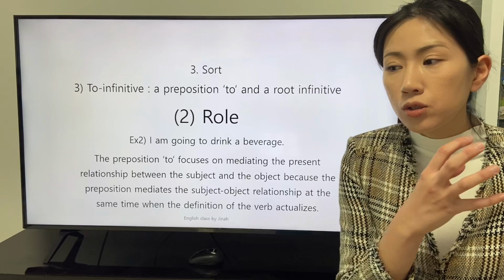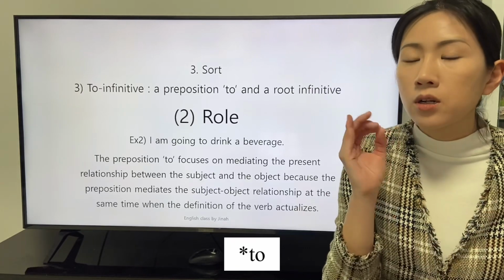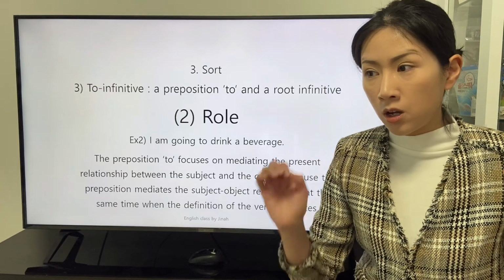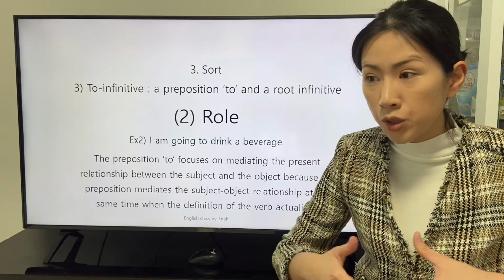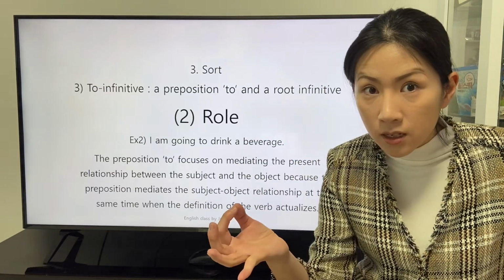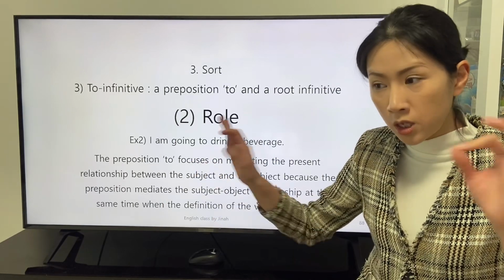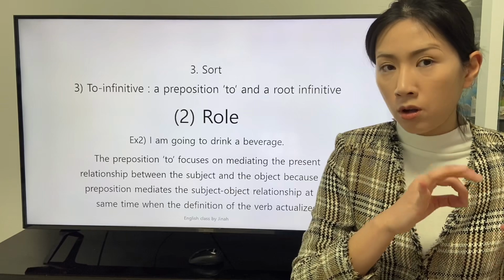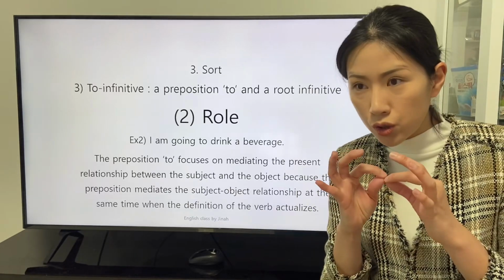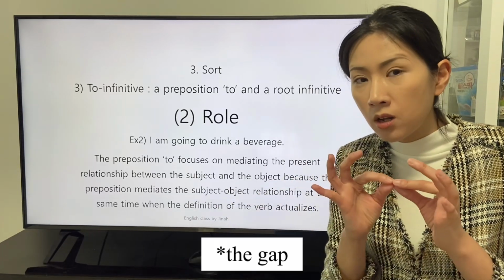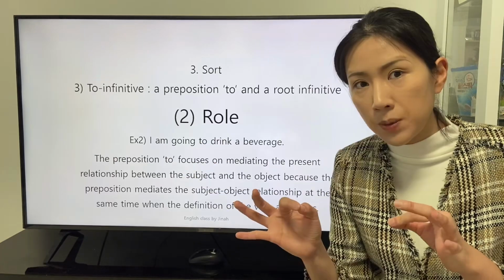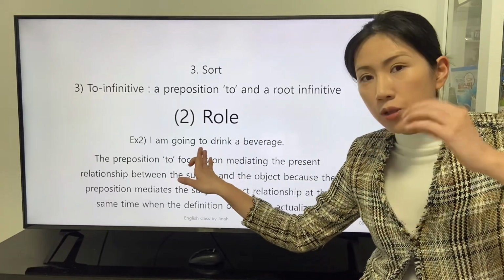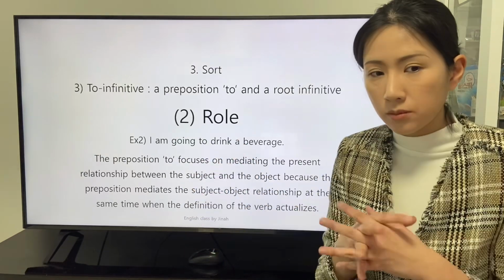Compared to the verb with the second role to signify the tense, the preposition does not signify the tense to identify between the present and the definition of the preposition happens.